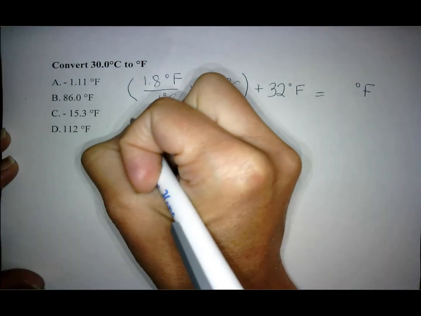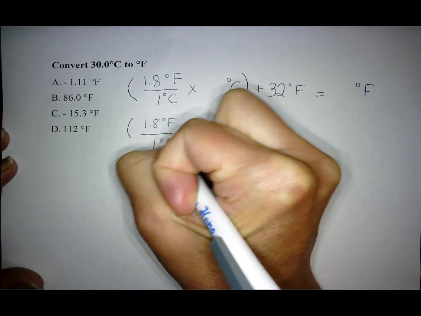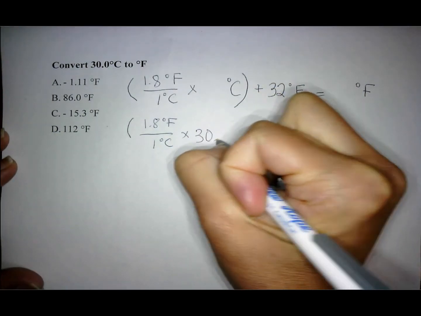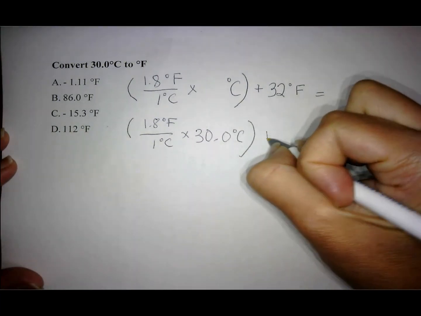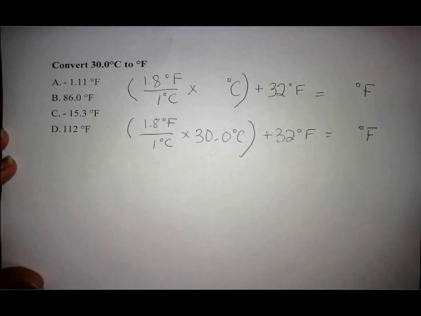So we're going to plug in our number, 1.8 degrees Fahrenheit over 1 degree Celsius. And here's where we plug in our 30.0 degrees Celsius. And then we're going to add our 32 to get our temperature in Fahrenheit.